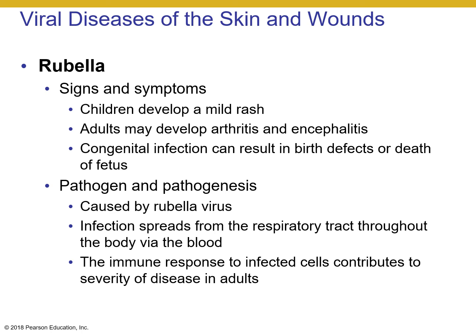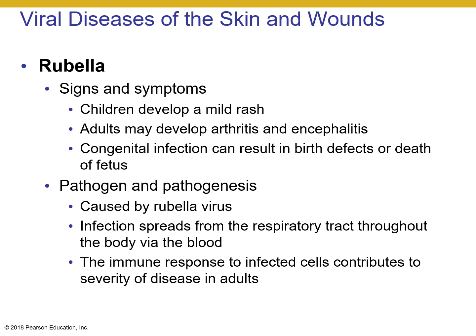Adults can develop arthritis and encephalitis. Encephalitis is inflammation of the brain, basically. And if this is contracted in utero, so if the baby's infected while it's still in the uterus, it can cause birth defects. Some can be so severe that it causes death of the fetus.